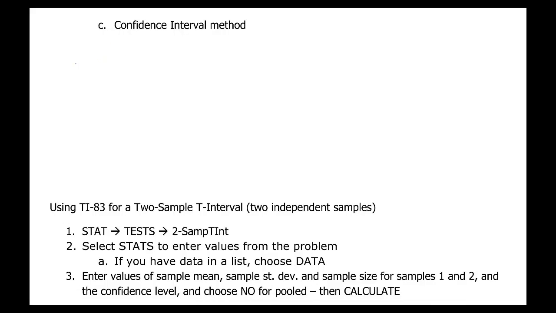For a confidence interval, the equation that we have is a critical value of t and then plugging in the standard deviations and sample sizes. The critical value of t is 2.690.